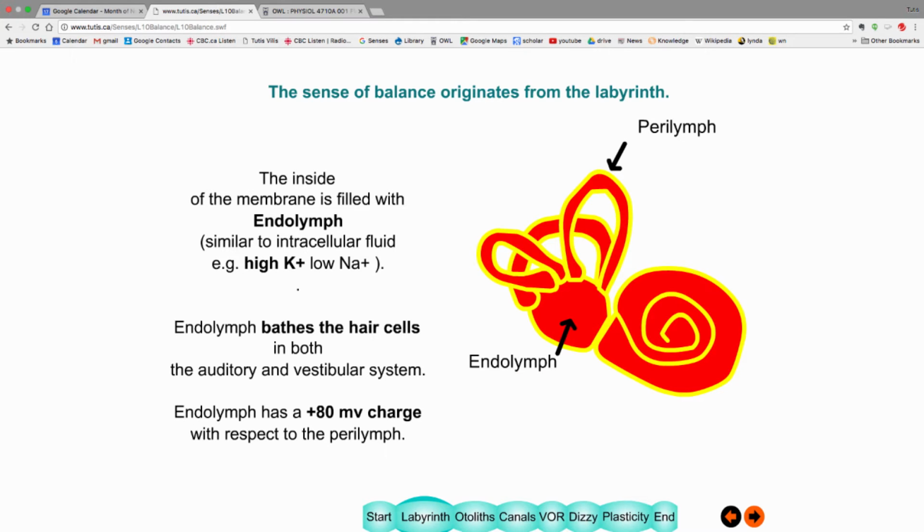Now, inside the membrane, so throughout your vestibular system, you find something called endolymph, which is what bathes the hair cells, and it's high in potassium and low in sodium, and it also has a high positive voltage with respect to the outside here, the perilymph.